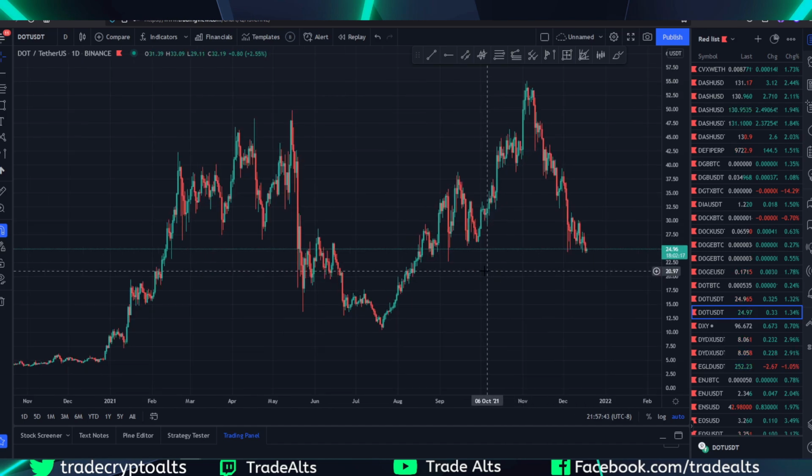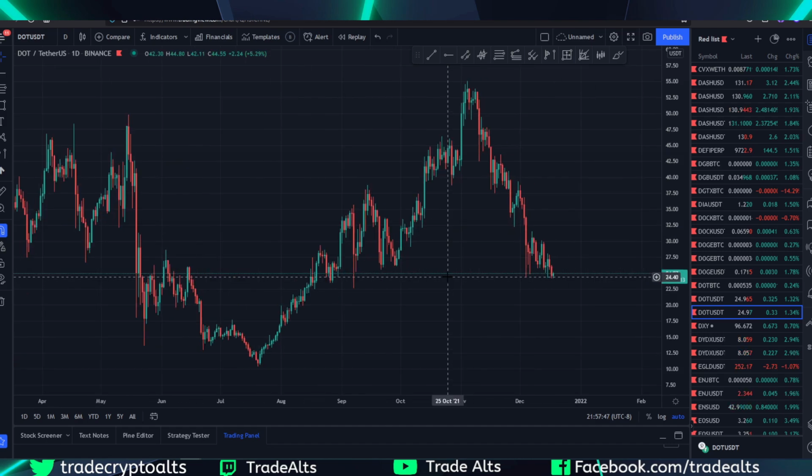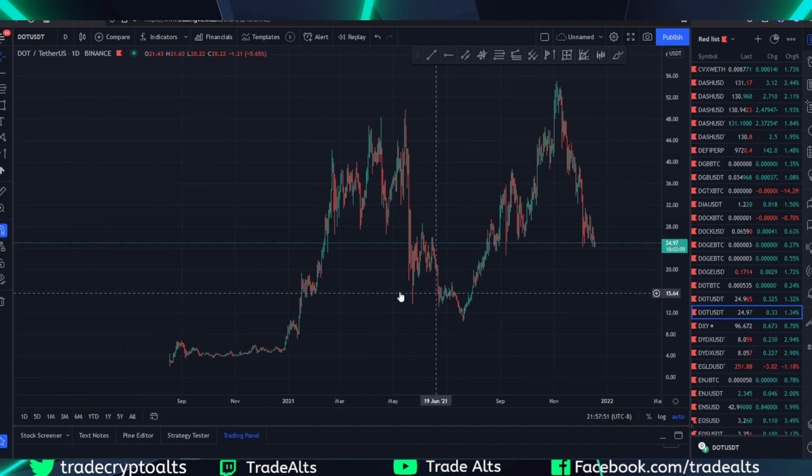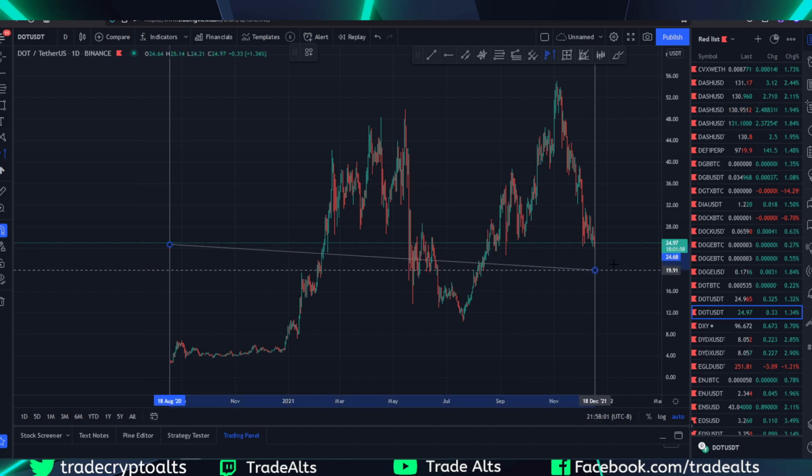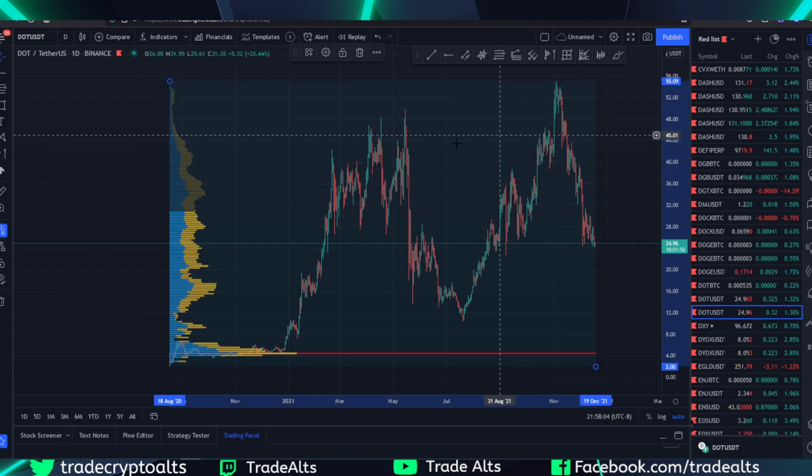So instead of pulling specific ranges of interest like you've learned in the previous videos, your macro value areas are going to incorporate everything that you see. So you get your fixed range tool, start from the very beginning, and pull it all the way across so that you get all of the information.